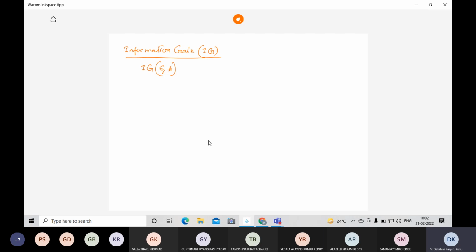So in terms of dataset S and attribute A, we can write IG of S comma A, which is given by H of S, the entropy of dataset S, minus H of S comma A. Here we subtract the entropy of the data set with respect to some attribute A from the entropy of the entire data set.